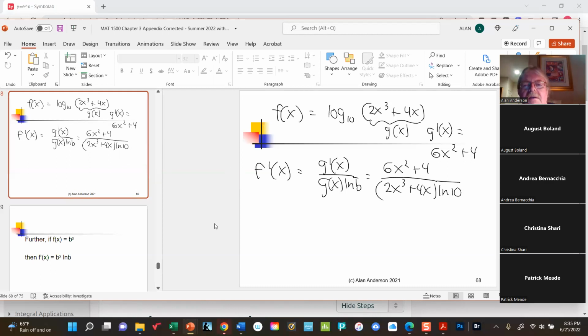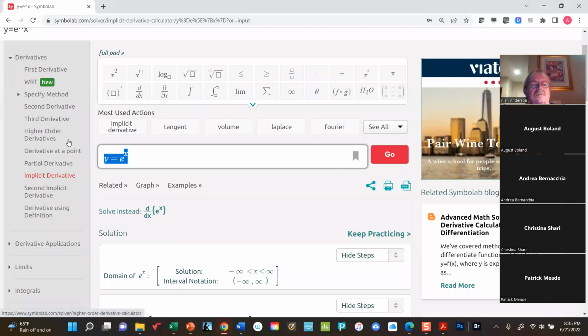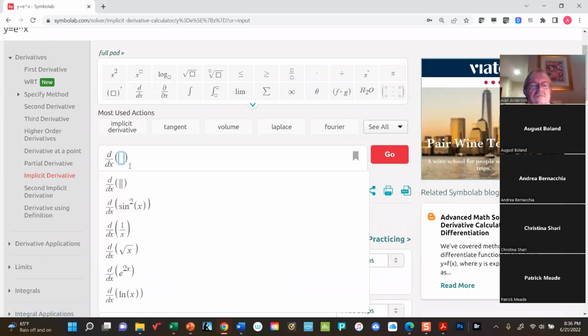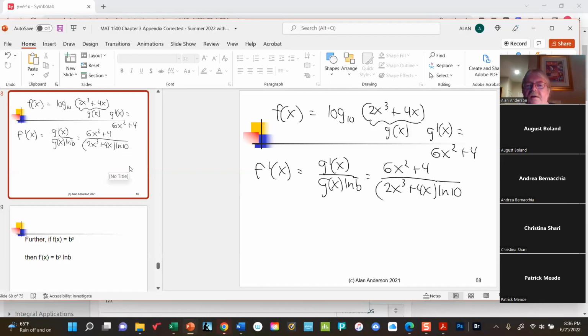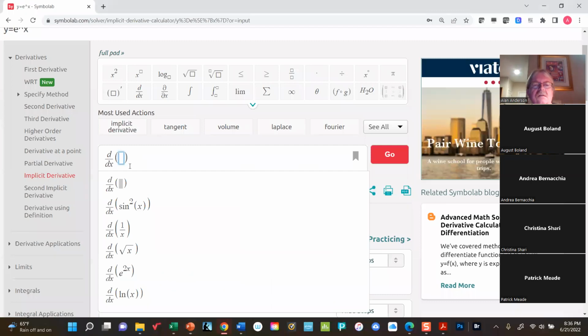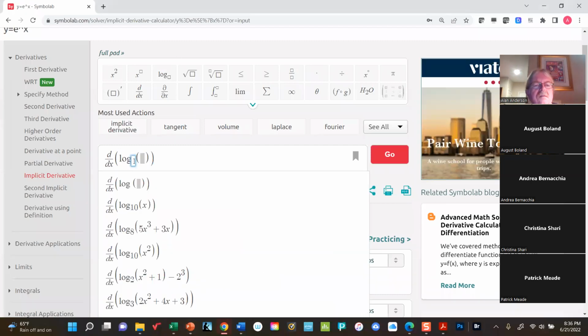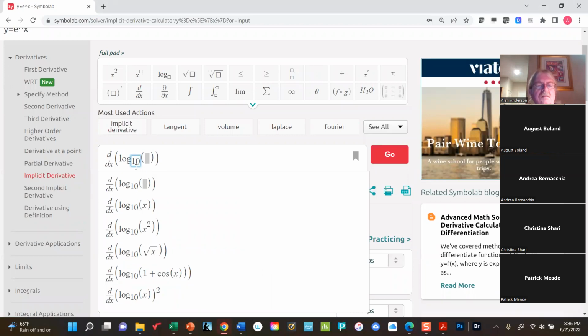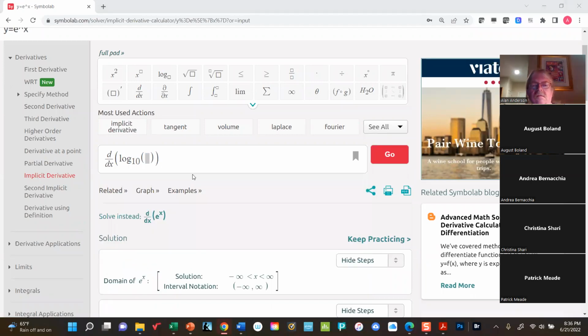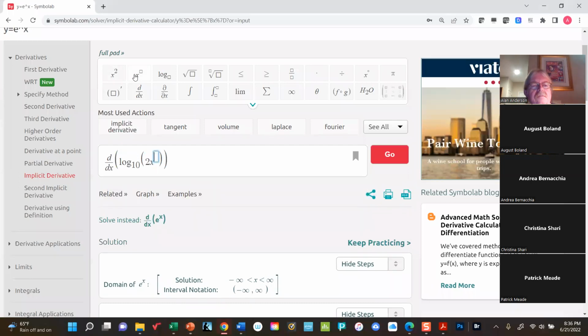So let's see. We're looking for the derivative of log base 10 of 2x cubed plus 4x.